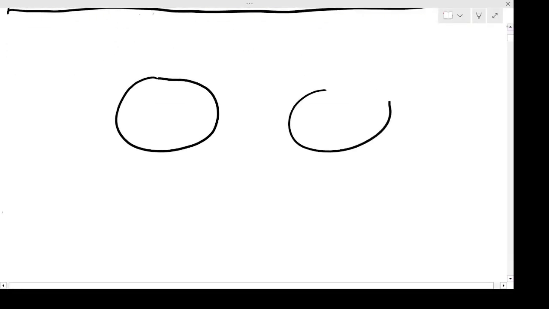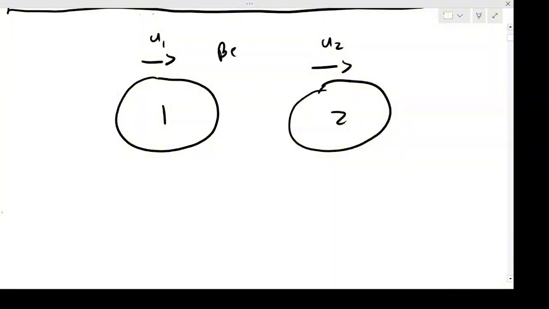Okay, well, to help with that, let me consider two particles. We have ball 1 and ball 2, and these two balls are going to collide. Ball 1 has speed u1 and ball 2 has speed u2, and this is before the collision.